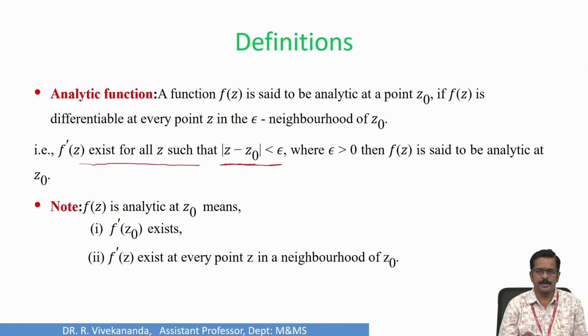The neighborhood of z0 is defined with radius epsilon, where epsilon is greater than 0. So f of z is said to be analytic at z0. So f of z is analytic at z0 means f dash of z0 exists, and in the neighborhood of z0 at every point f dash exists. Then the function is said to be an analytic function.